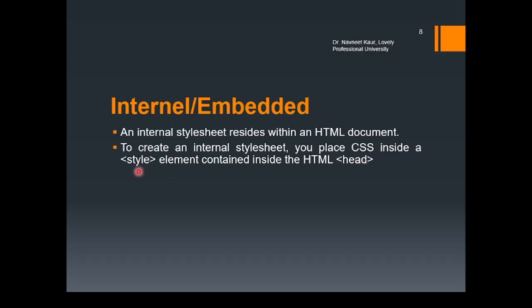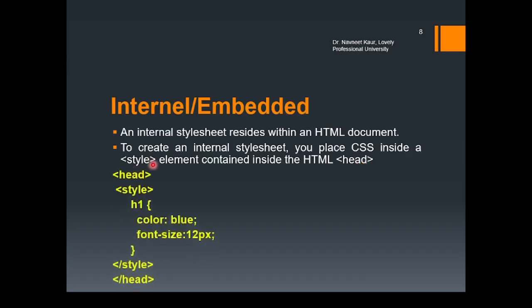But here in this, we write style as a tag. This is the syntax. Inside the head tag, you need to place the style tag, within which you need to specify all the styling. This syntax looks exactly like the one that we have discussed in the CSS syntax slide.